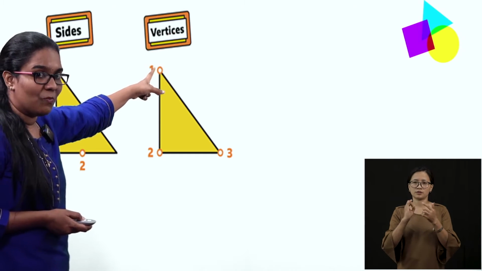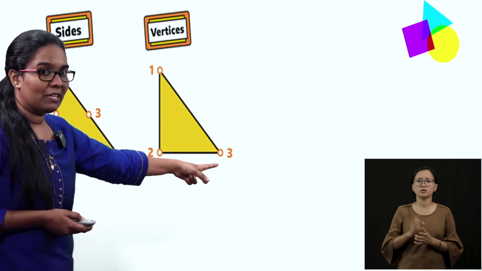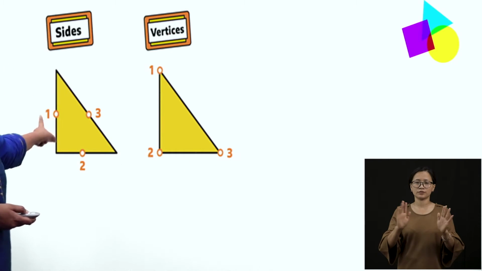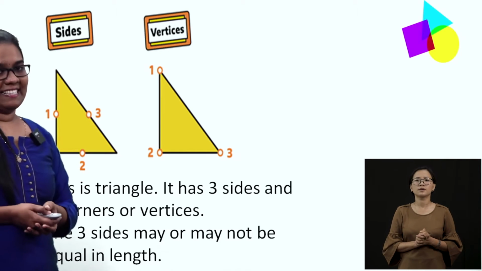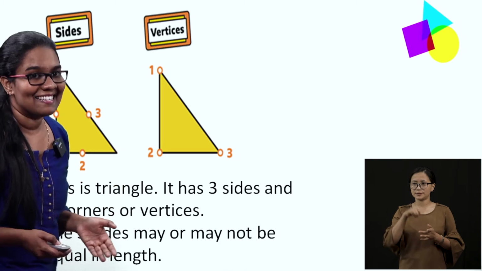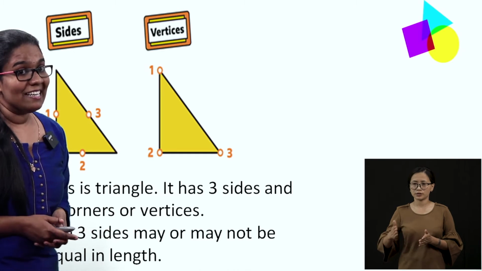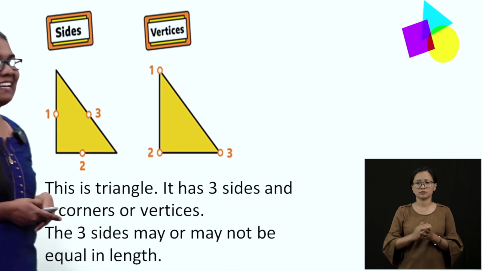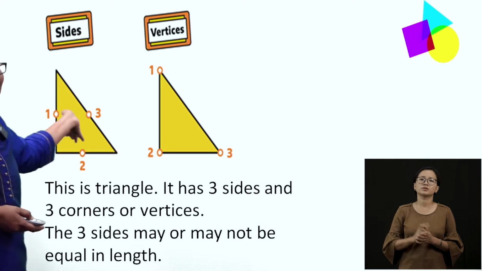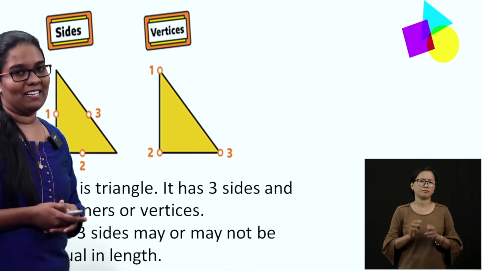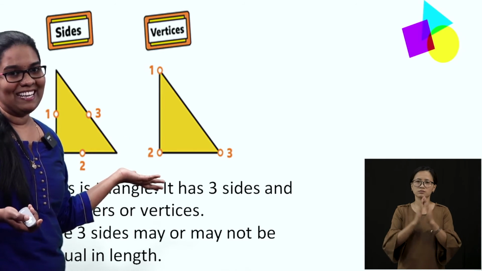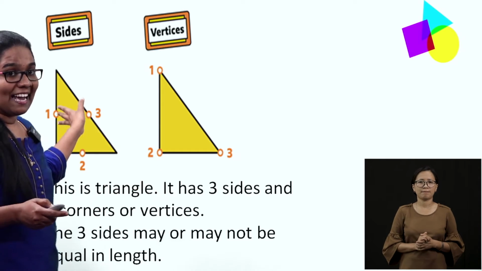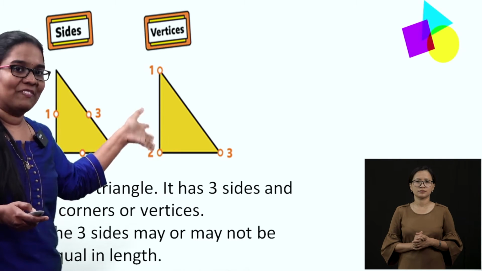How many vertices? 1, 2, 3. So the triangle has 3 sides and 3 vertices or corners. The 3 sides may or may not be equal in length.